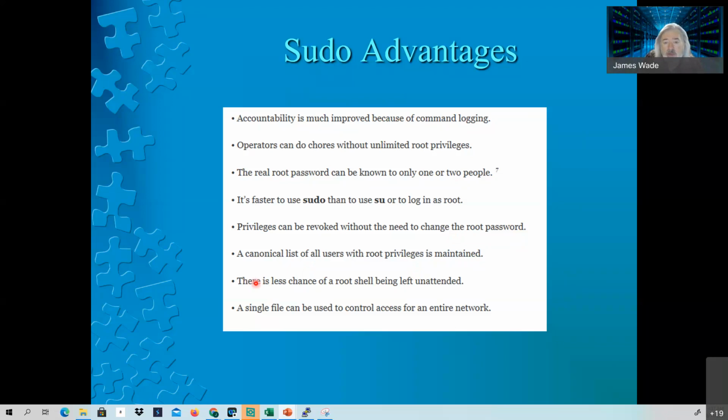All you have to do is take it apart, and by that I mean just read it, and you can figure out all the privileges that everybody in our environment has. There is less chance of a root shell being left unattended, and a single file can be used to control access for an entire network. We can basically distribute that sudoers file across the network, a single file.